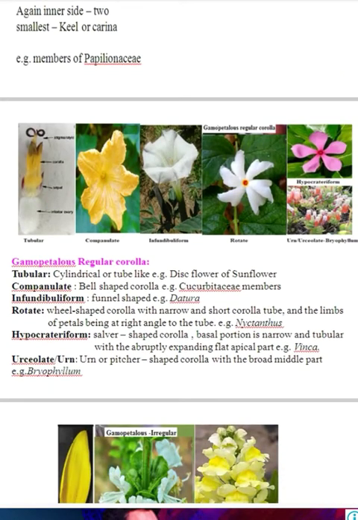Then the gamopetalous regular type. Gamopetalous, petals are united. Regular, all the petals are of similar shape and size. The first is the tubular.